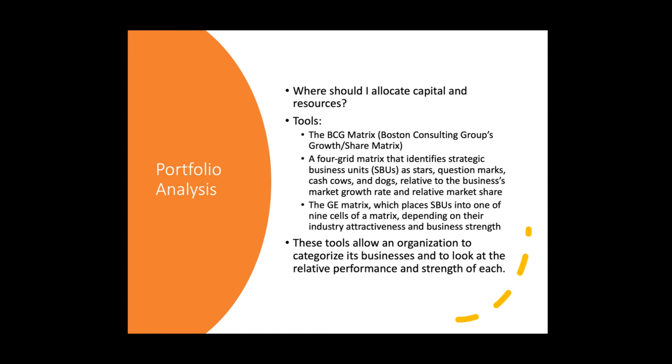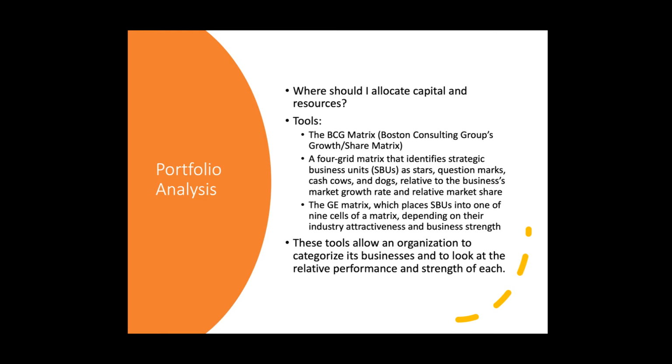There's one tool called the BCG Matrix, the Boston Consulting Group's Growth and Share Matrix. And you can see that described there in the second bullet point. It's a 4-grid matrix that essentially ranks and identifies strategic business units either as stars, question marks, cash cows, or dogs.